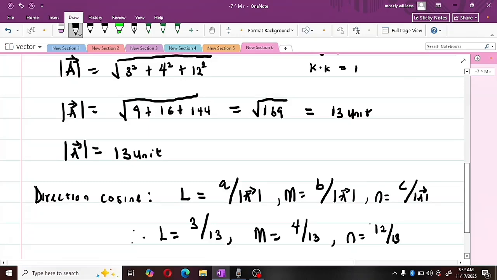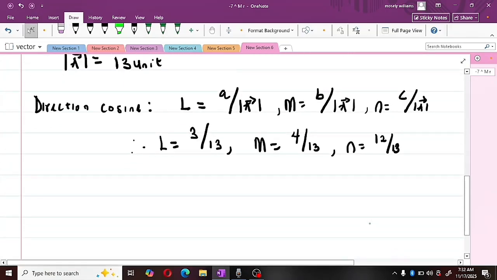Last but not the least, they ask us to look for the angle which the vector makes with the z-axis, right? That is also very simple.